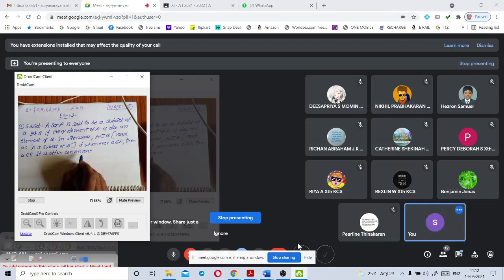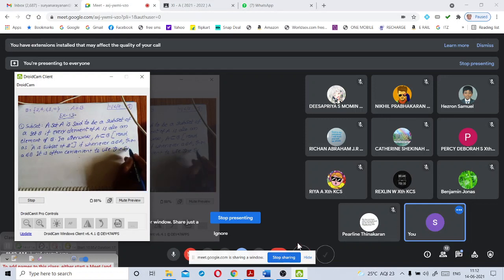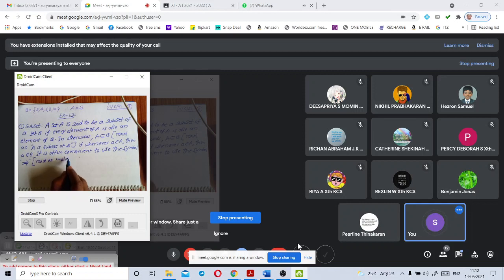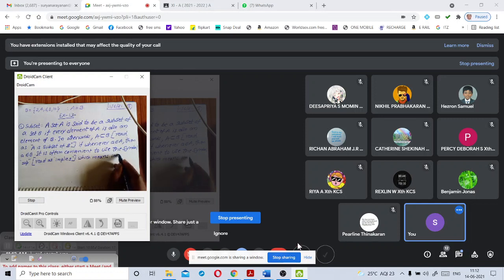It is often convenient to use the symbol which is read as implies. Which means implies.